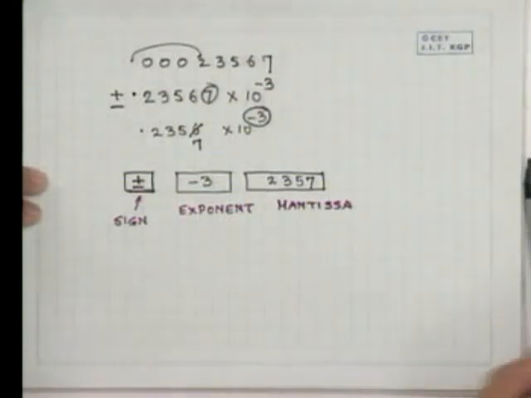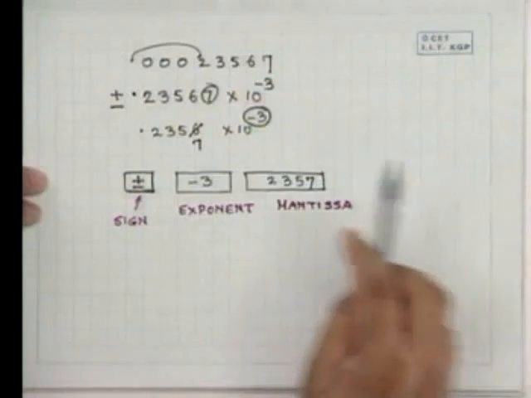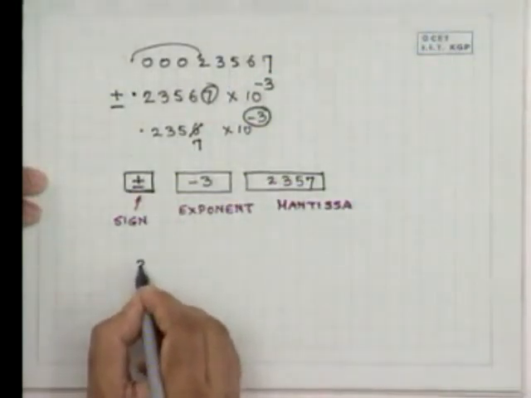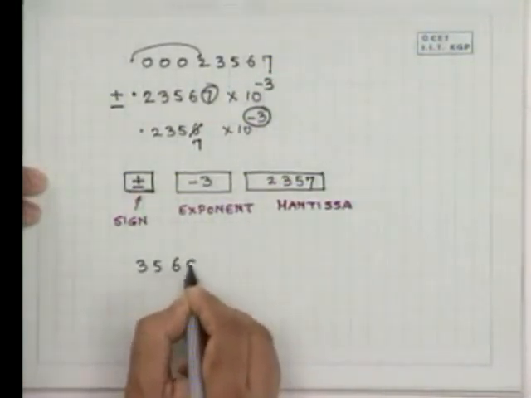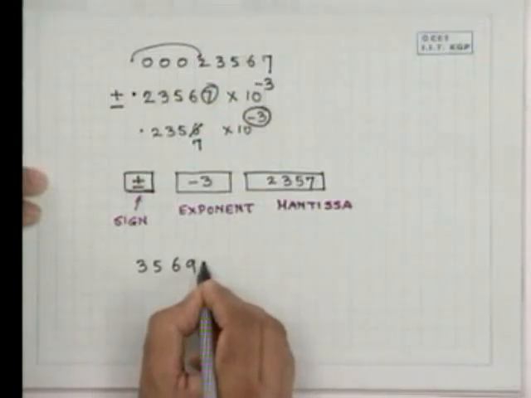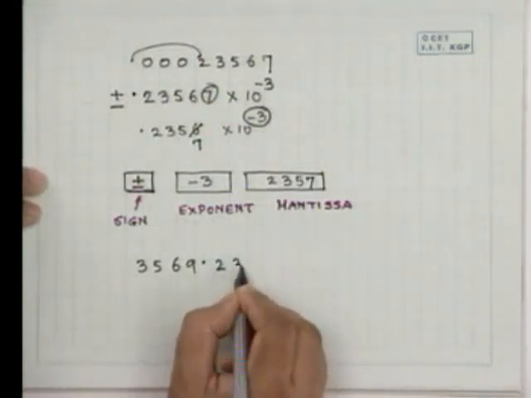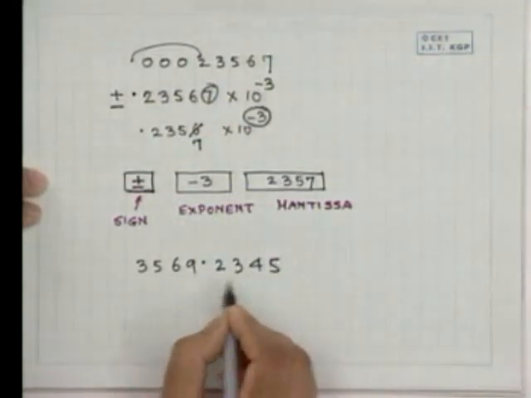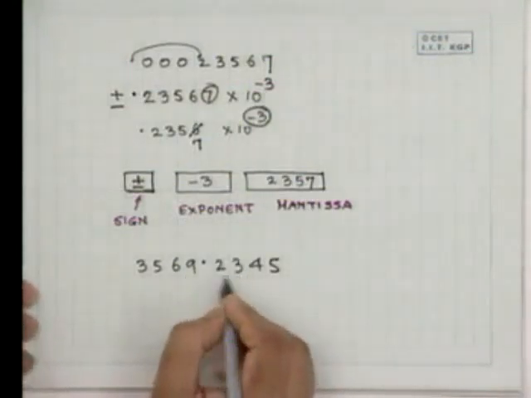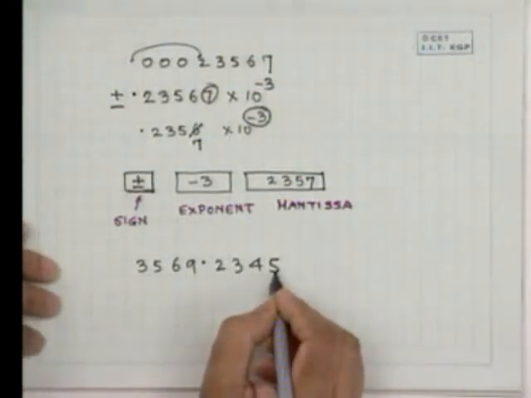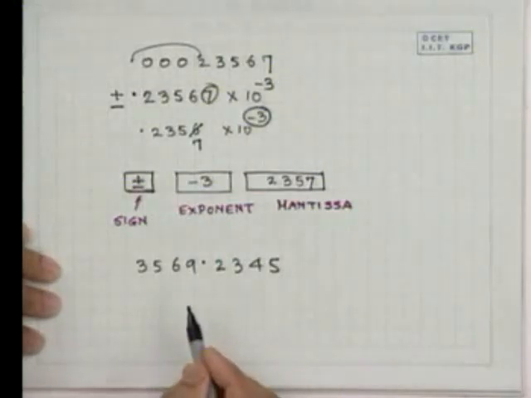Now, let us say another situation where the number is, say, 356.2345, and we want to represent it in the scientific notation, that means in the mantissa-exponent form.